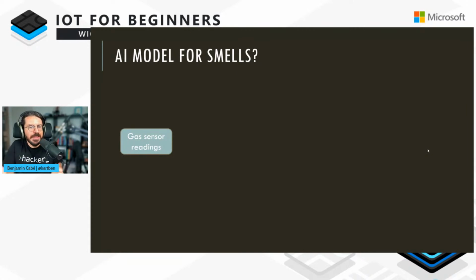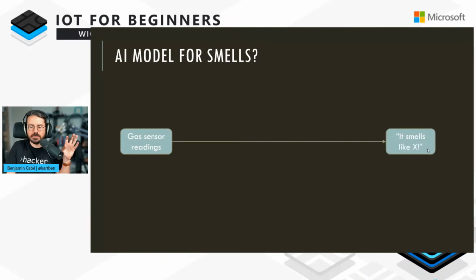And so the only thing that I wanted to do really was take those sensor readings and turn them into predictions. Like if my sensor reading is this, then it corresponds to great sourdough, or it corresponds to sourdough that's not exactly ripe, and et cetera, et cetera.